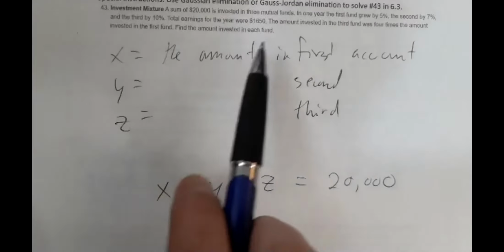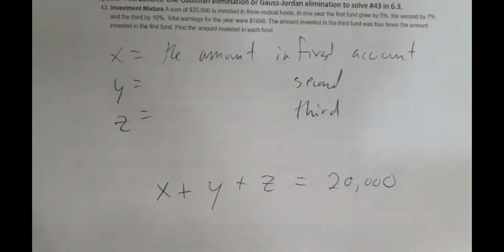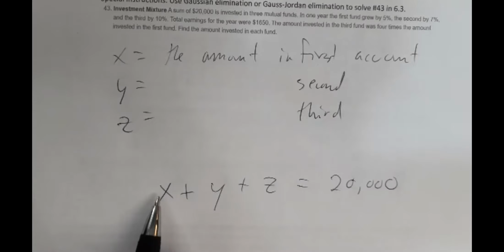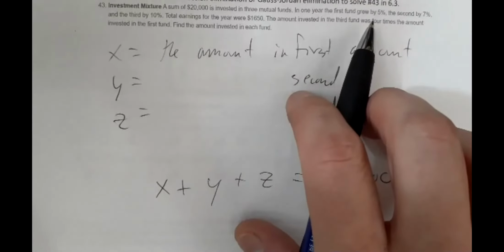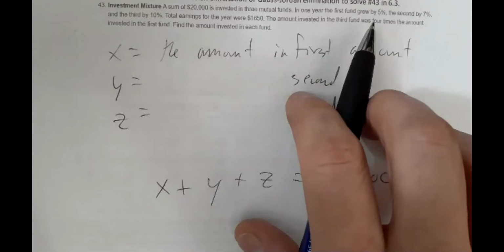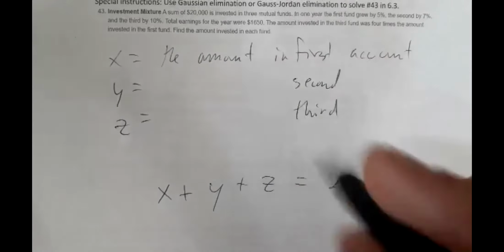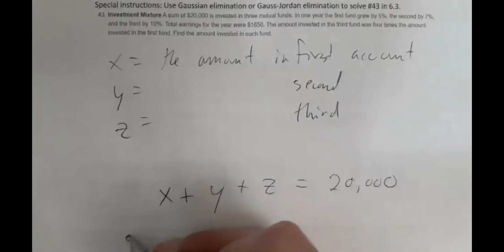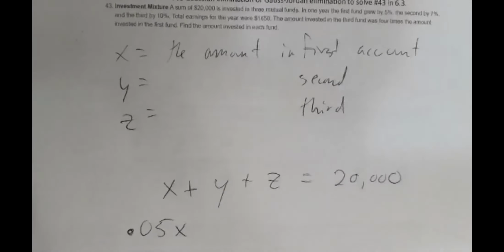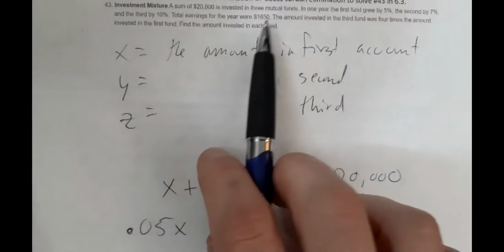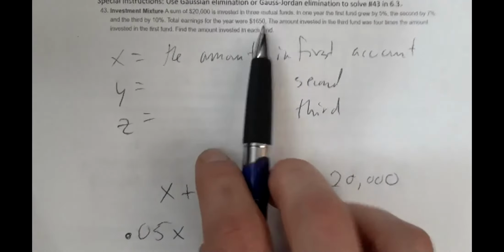If we want to talk about the earnings, how do I talk about the earnings just on my first account? I know it's growing by 5%. 1.05x? I think they're just doing the 0.05 because they're just doing the growth, because they're going to tell you earnings is 1650.